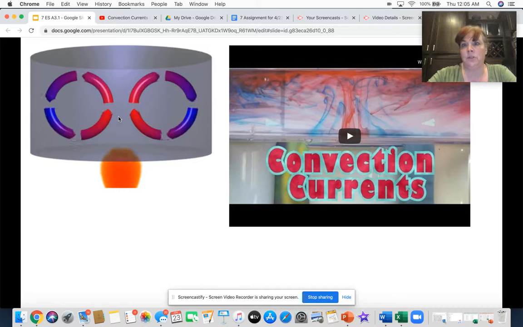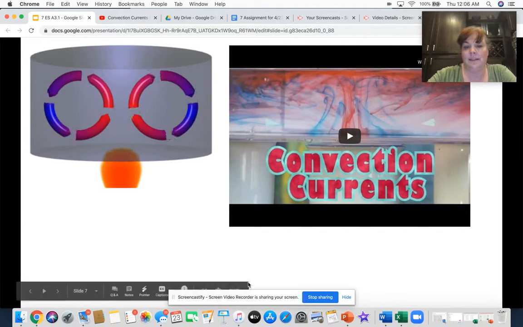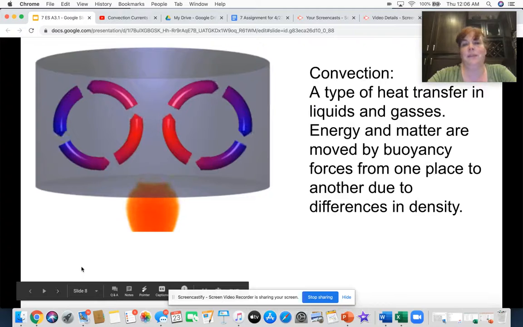The air molecules start moving faster because they have more thermal energy, and they move up. As they move up, the cool air needs to move back into the space that was left. And then it just keeps going around and around and around. Okay, that's what's giving us wind and weather patterns and all sorts of stuff.